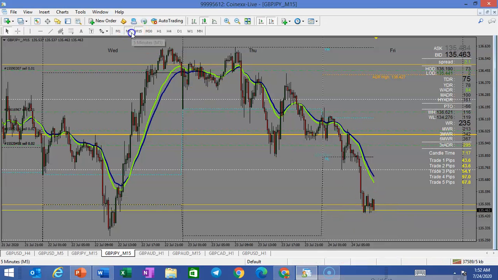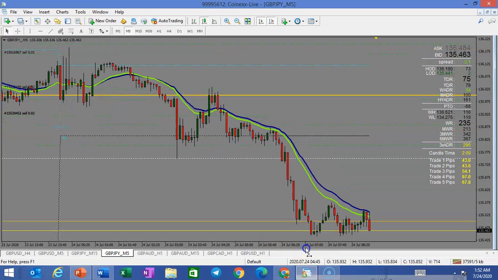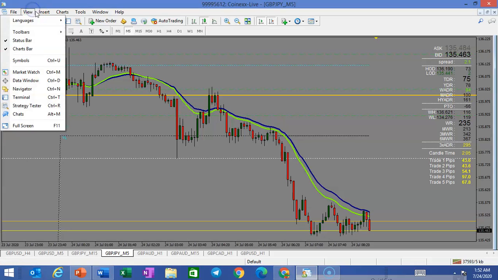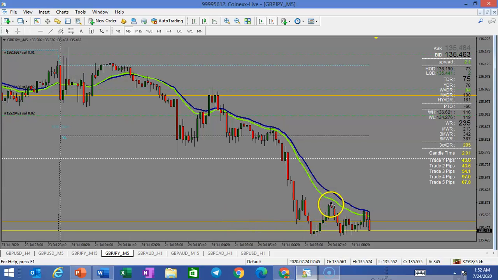Price is there, so we drill down to the 5-minute, make this larger. We go to insert shapes. We put a rectangle around this zone.